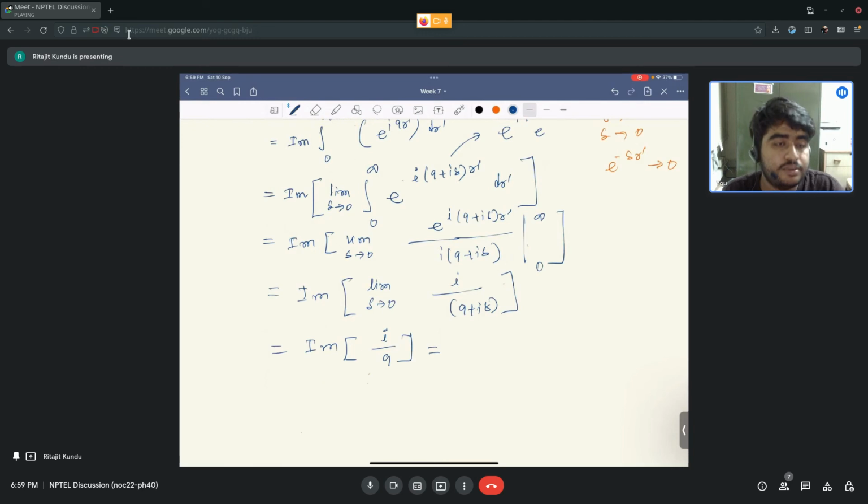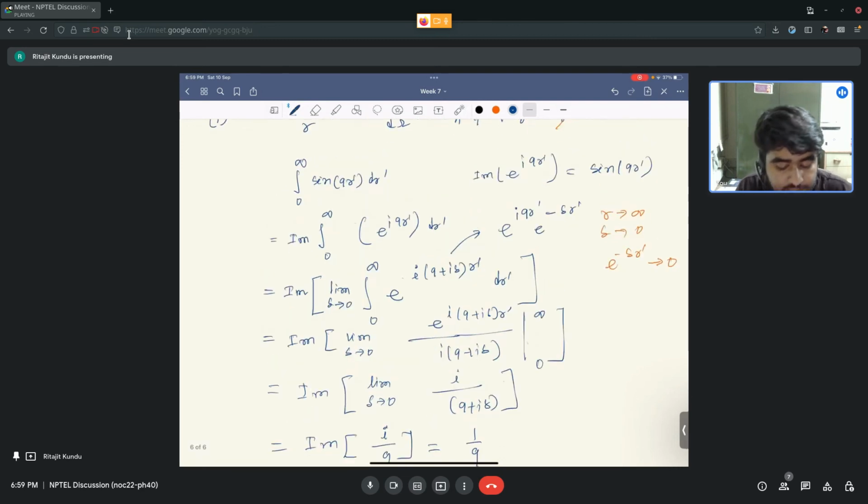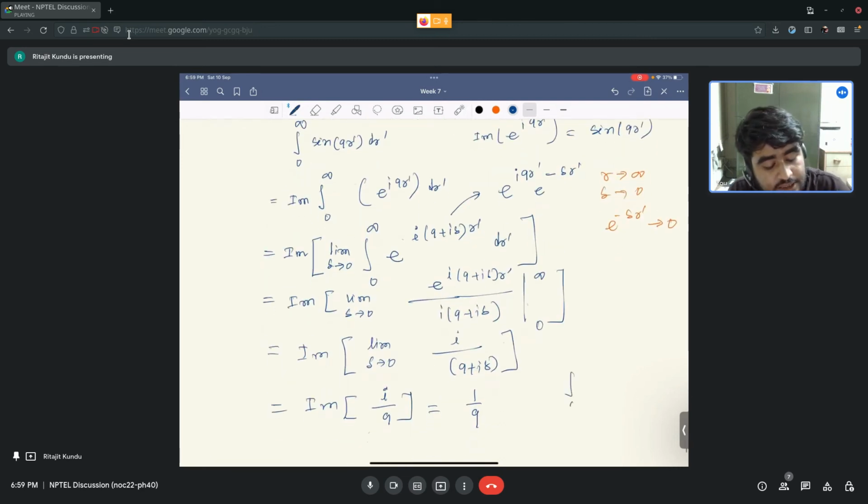And the imaginary part of this, because q is a real number, is just 1 by q. Okay, so just to write the result, the result of this integration 0 to infinity sine q r prime dr prime is just 1 by q, given that this q is actually a real number. Okay, so this is the result of the integration.